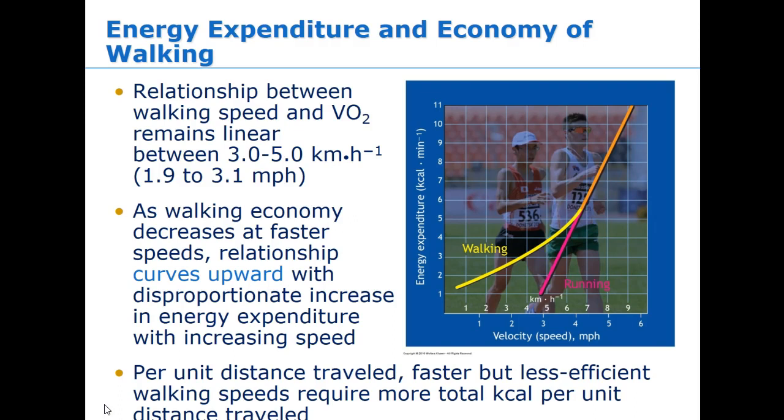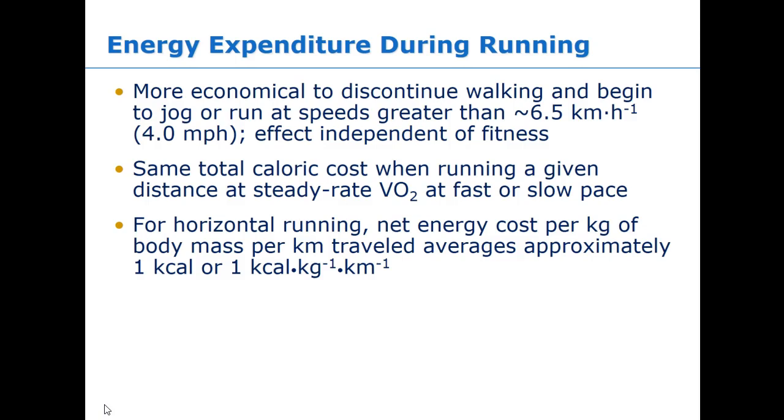This explains why, per unit of distance traveled, faster but less efficient walking speeds require more total calories expended per unit distance traveled. And so that's what's represented here. And at this juncture, running becomes more economical than walking. So that's what this first bullet point is saying here.